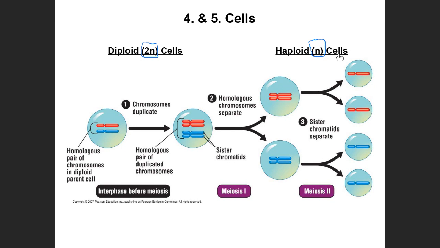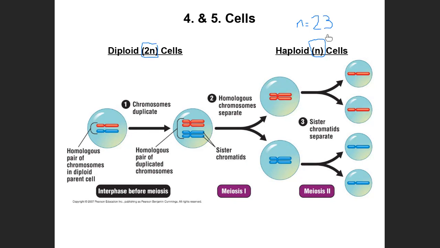If we're talking about a human cell, in the female ovaries she produces gametes called eggs, or in the male testes he produces sperm. Those cells are called haploid cells. We represent them with an N, or you can say 1N, but that N represents the number of chromosomes.